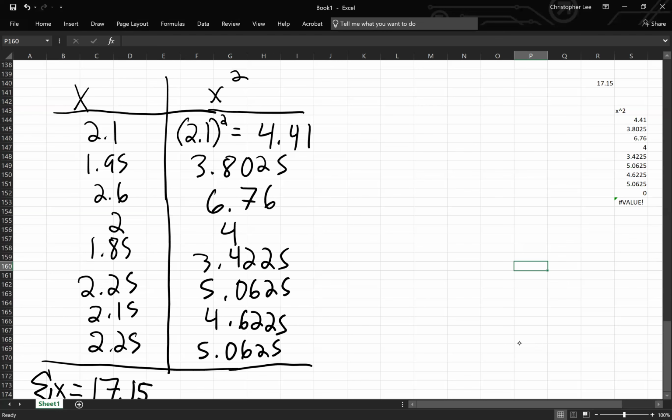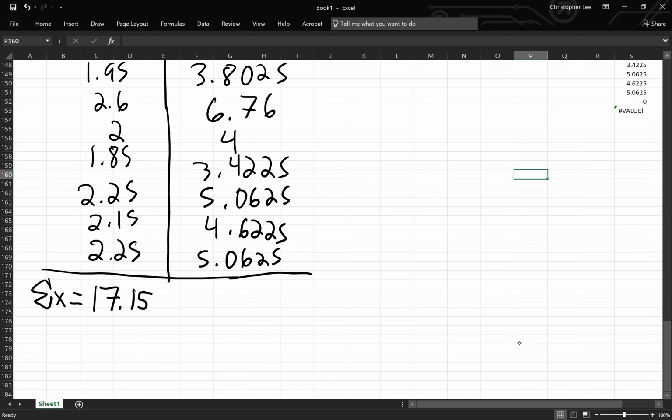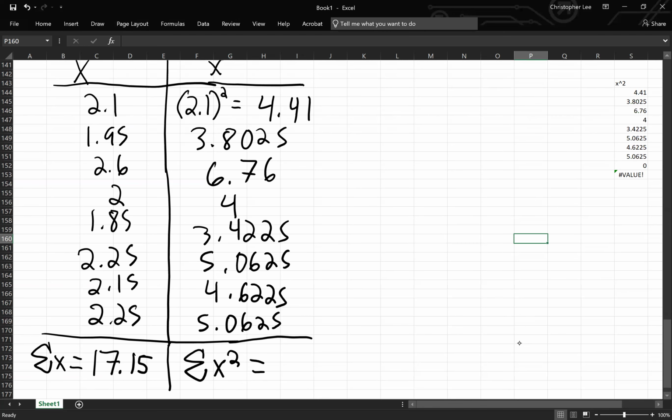Yeah. So again, you're just squaring them individually, right? And you should get these numbers here. After you square all these numbers, you want to add them up to get their sum, right? So down here, this is called the sum of x squared. Let's take a look at that.